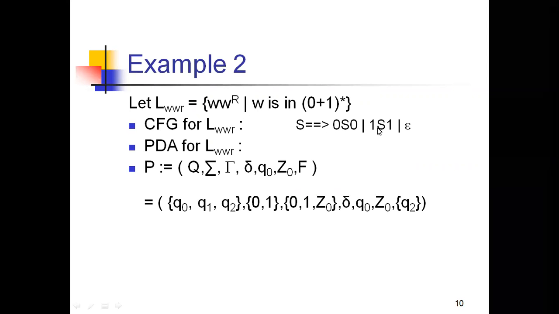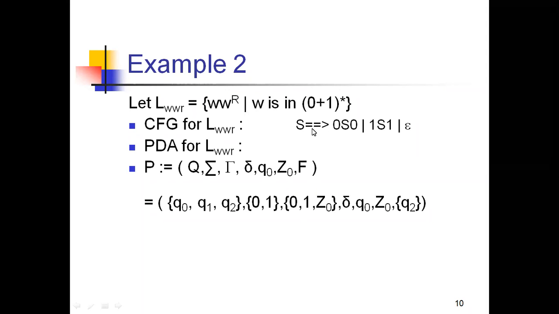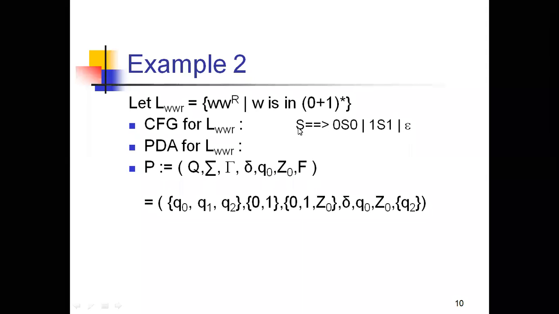It is very easy to design the CFGs. Initially we make a symbol S, the starting symbol, and with the starting symbol S we design a CFG for the string reversal. Whatever rules we have, all the productions are acceptable for the language.